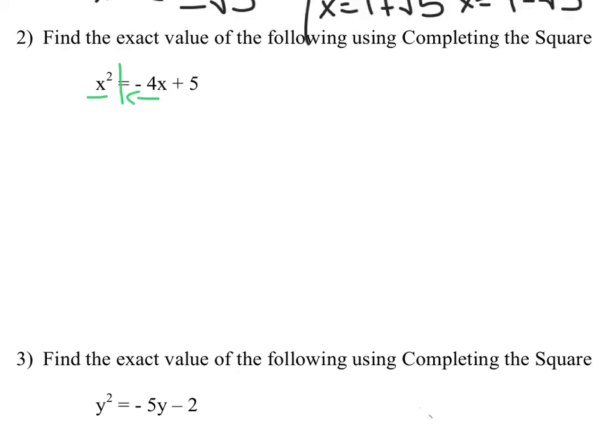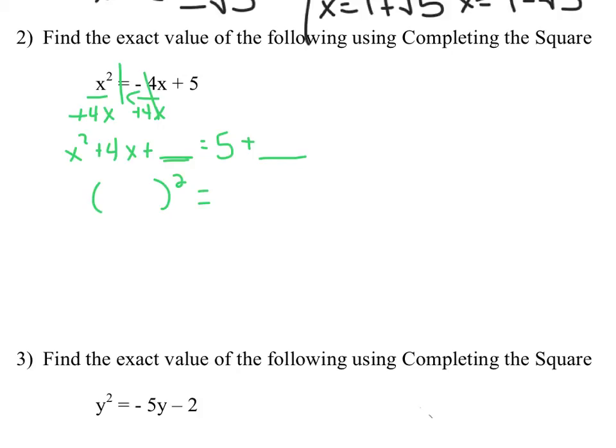Okay, and the 5 is by itself, so that's good. So to move that 4x, we add 4 to both sides. We get x squared plus 4x. Remember, we're going to add something to it to make it a perfect square. Whatever I add to it, I'm going to add to the other side too. And in the process, I'm creating that perfect square to solve.